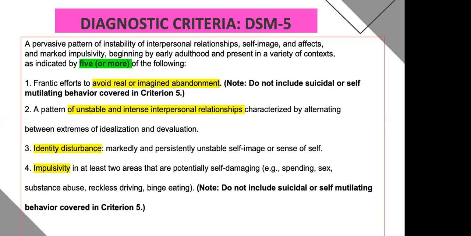Frantic means an effort that is disorganized or hurried, to avoid real or imagined abandonment. Second, a pattern of unstable and intense interpersonal relationships. Third, identity disturbance. Fourth, impulsivity. Next.